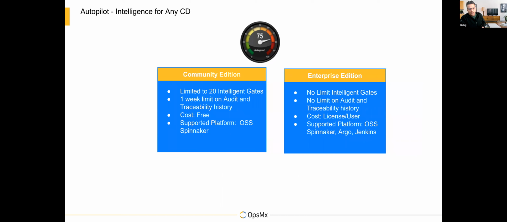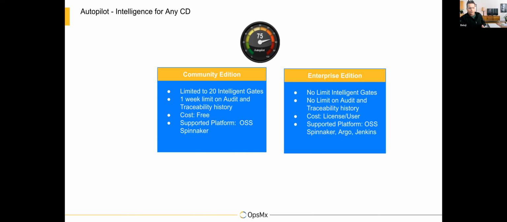So the Community Edition is essentially the same as the Enterprise Edition, with no feature differences in that sense, but we are limiting it to about 20 intelligence gates. Intelligence gates could be an approval gate, a policy gate, or a verification gate, and you're able to leverage everything you see here and more as we start adding more features.